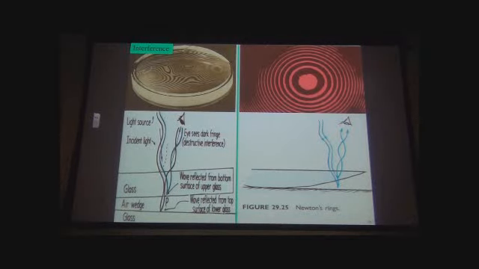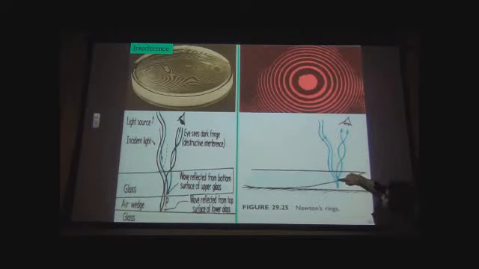A similar phenomenon, which is called Newton's rings, applies to something like a contact lens. Let's say that you're manufacturing contact lenses and you're trying to make sure that the contact lenses are properly symmetric and so forth. You put the contact lens on top of a sheet of glass or something of that sort. Now light rays come down.